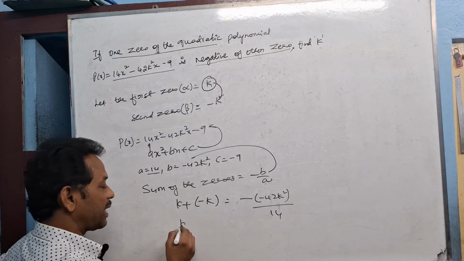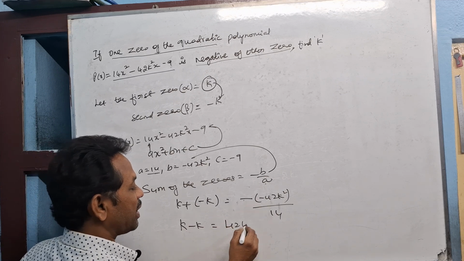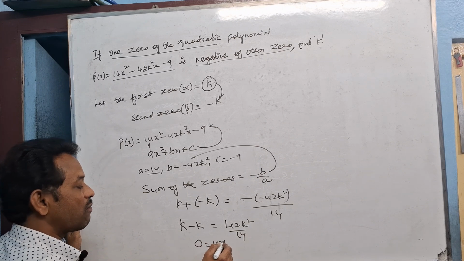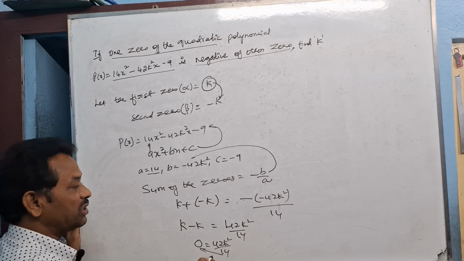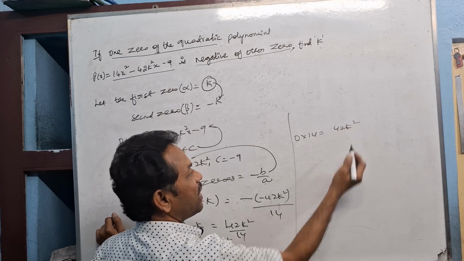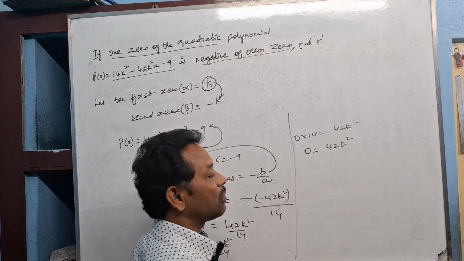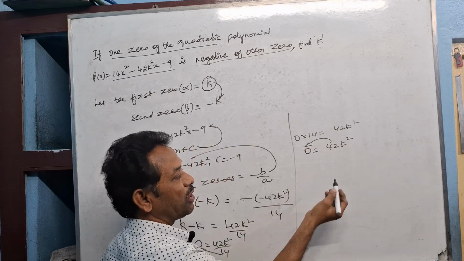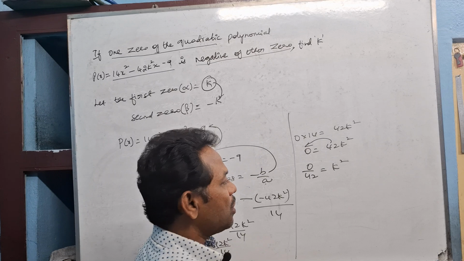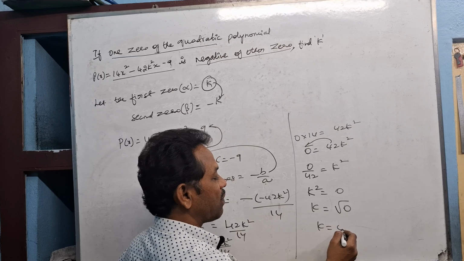So k + (-k) = 42k²/14. k - k is 0, so 0 = 42k²/14. The 14 shifted to this side, so 0 × 14 = 42k². 0 into something is 0, so 0 = 42k². Now shifting the 42, we get 0/42 = k². 0 by something is 0, so k² = 0, k = square root of 0, so k = 0.